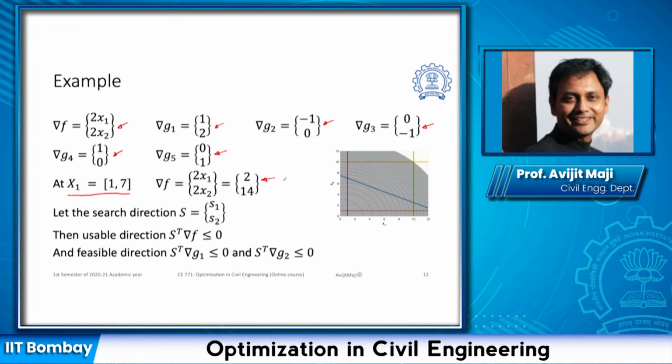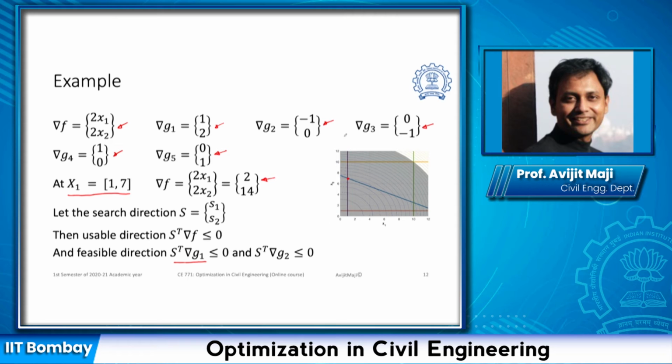So from this location we need to find the search direction, and as I said earlier, this location is here, and if you are looking at the search direction, it should satisfy the constraints, which means a direction can be feasible only when, if I pre-multiply my gradient with the direction, then that should be less than or equal to 0 because my constraint was less than or equal to 0.